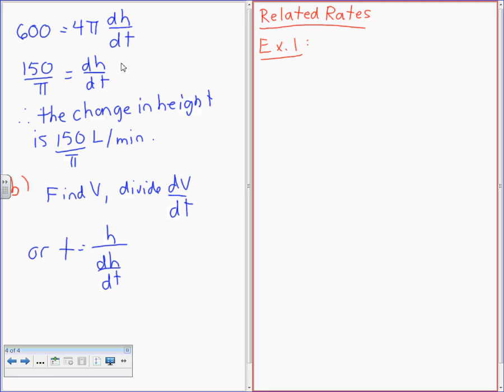It says a tank of water. Please put a star beside this one.